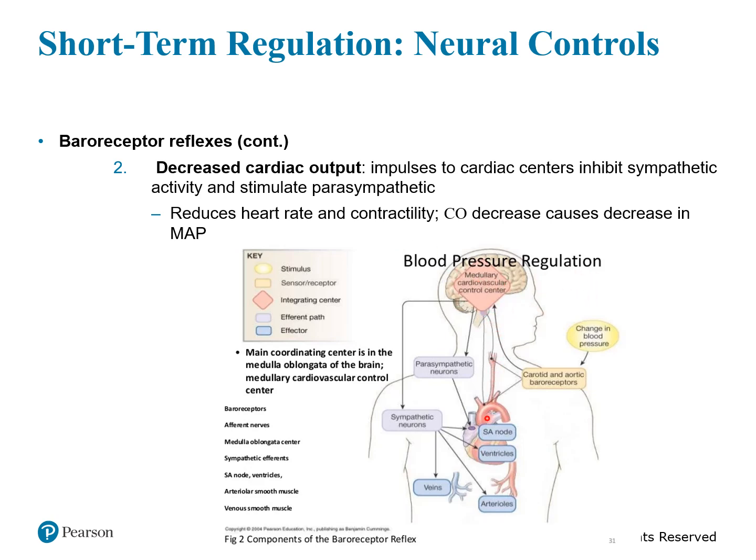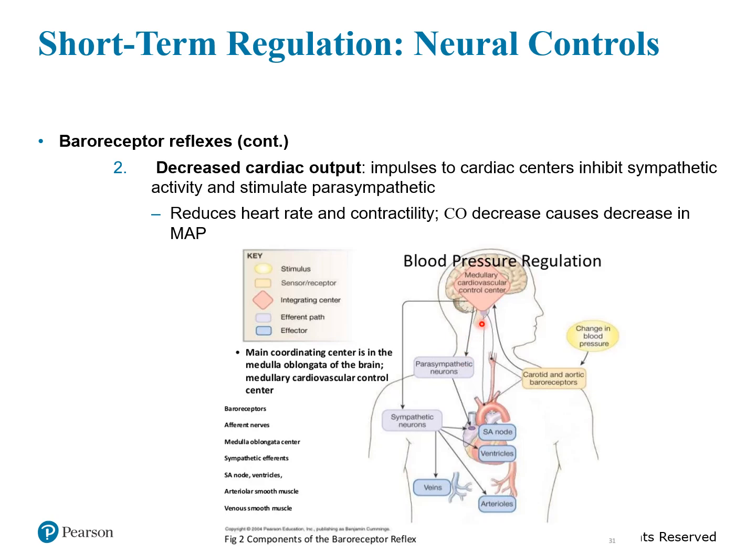If you look at this diagram, these are the baroreceptors present in the aorta and also in the carotid sinus. When they sense that the blood pressure has increased, they send signals to the medulla.